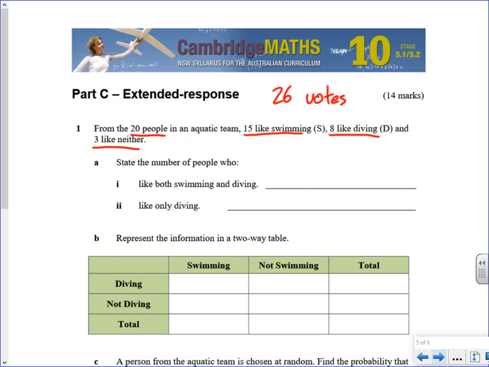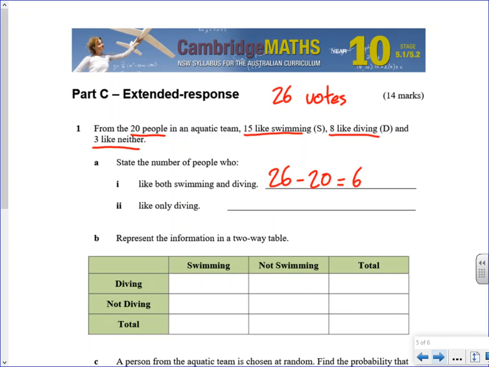In fact, 6 people were double counted. So if we want the number of people who like both swimming and diving, we had 26 minus the 20 people that should have been there, which equals 6. So therefore 6 people like both swimming and diving.